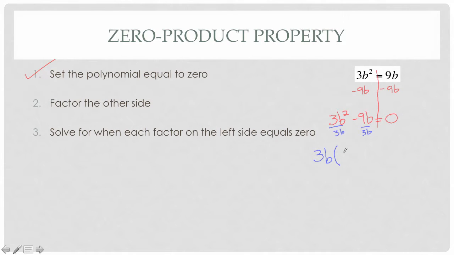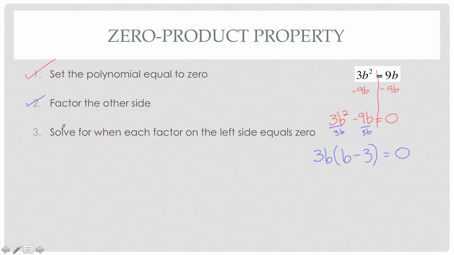B squared divided by 1b leaves just 1b. Minus 9 divided by 3 is 3. B divided by b just leaves nothing. It's 1. So using the opposite of the distributive property, it factors into this: 3b times b minus 3 in parentheses, and it still equals 0. All right, that is all factored. Check.